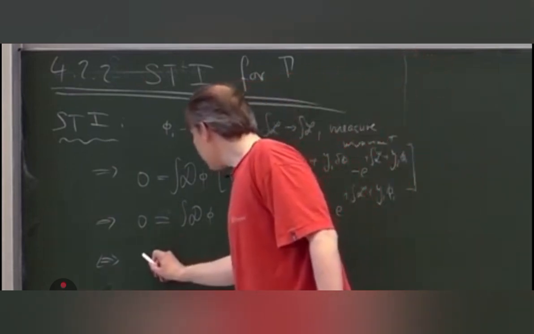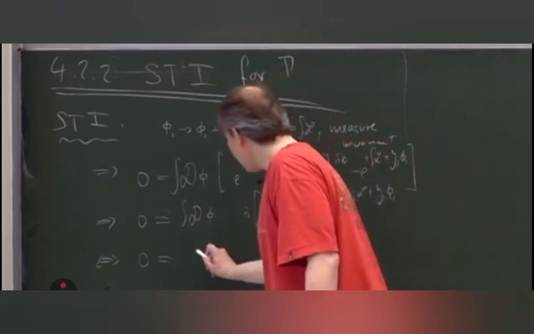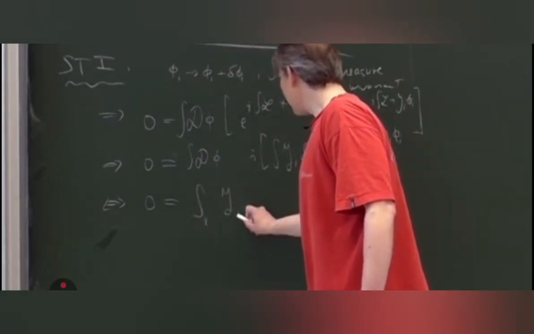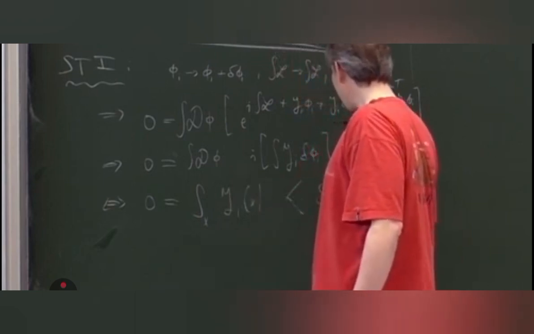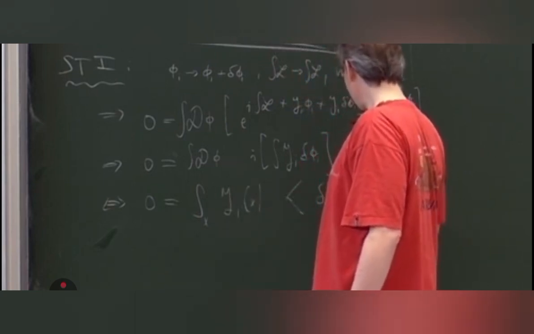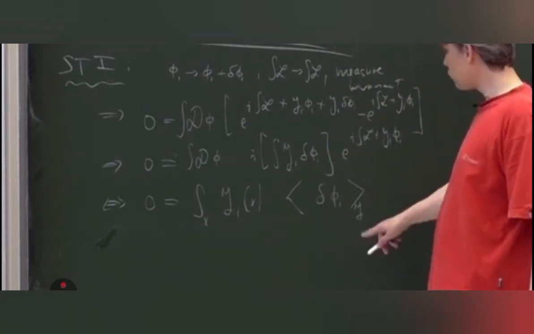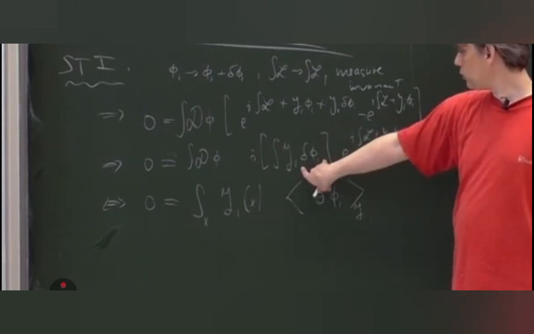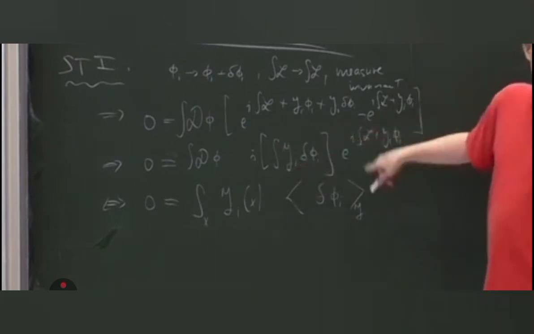So here we see that 0 is equal to an integral over some variable x times sources j_i at x times the expectation value of the field variation delta phi_i in the presence of sources j. Because all of that path integral here is by definition nothing but the expectation value of that operator in the presence of the sources.